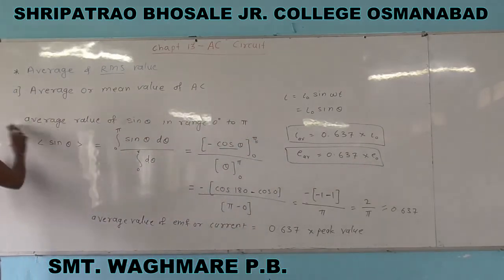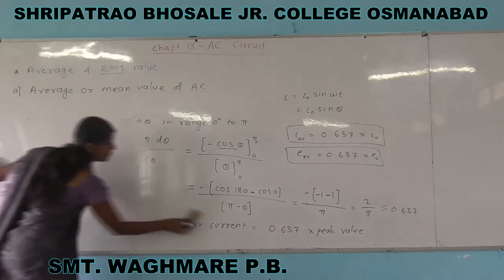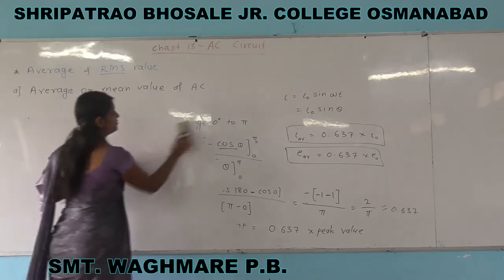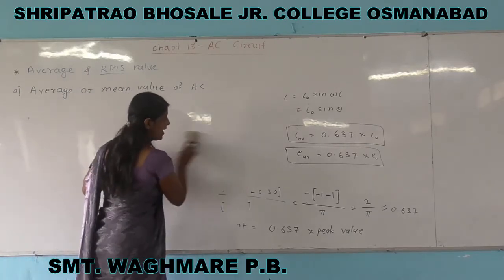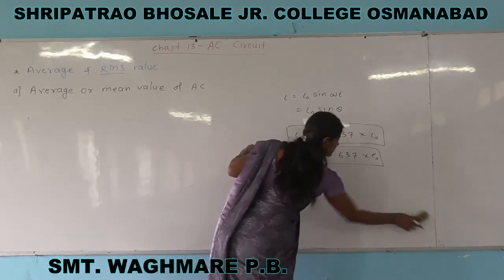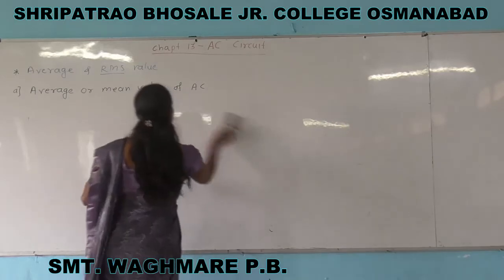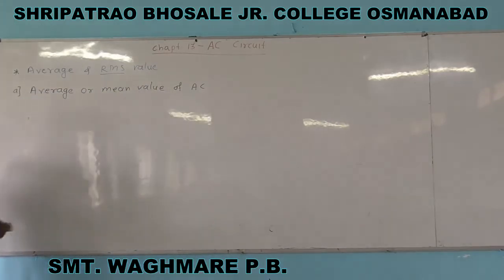This is about the average or mean value of EMF and current of AC. Now we will discuss the root mean square.